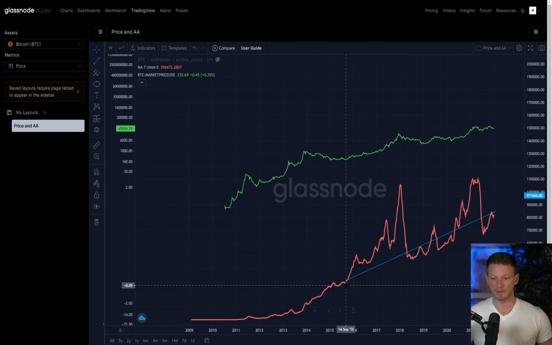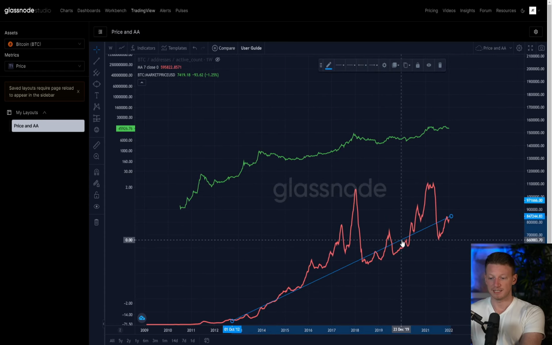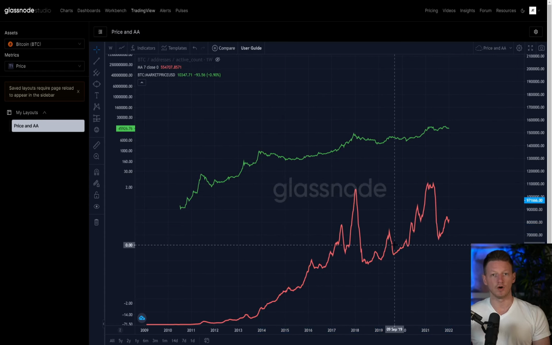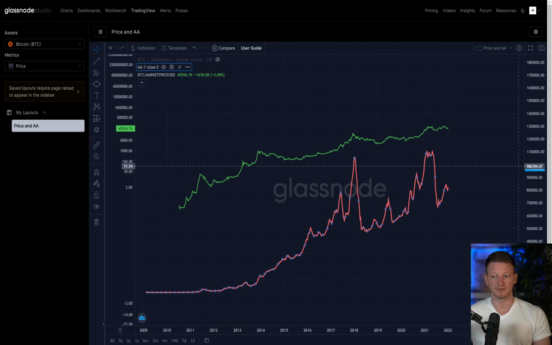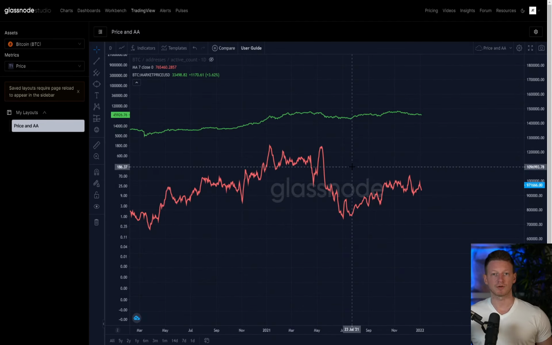Okay, so if we go all the way back down here, you can see that we're essentially just trending up over time, and that gives us the overall macro level picture. And by the way, that's what we want to continue to see. We need to see this number of active addresses continue to rise over time, because as it does, we see the price rise commensurately. So that's our macro level picture.